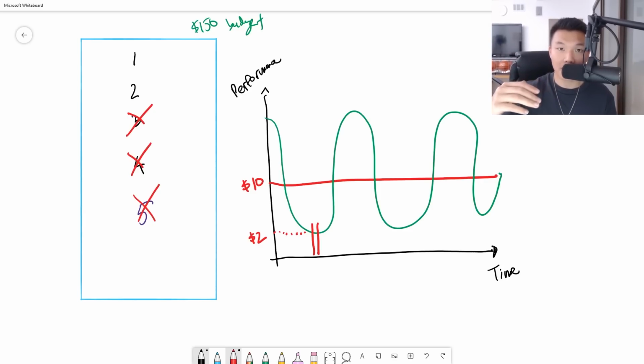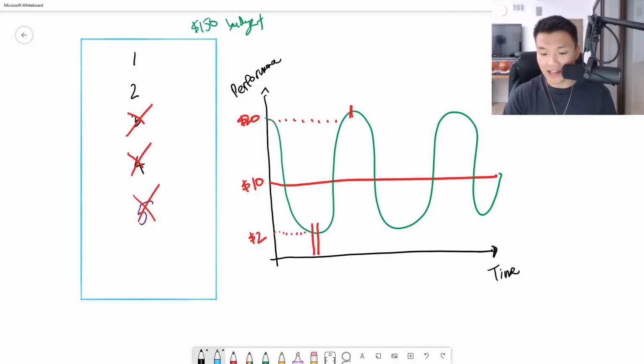Well, guess what? Maybe the next day or in 2 days, this is the snapshot that you get, and this is actually $20. Because you're at a massive budget, you just lost a boatload of money, because you really shouldn't have been at that high budget and you over-indexed. And let's say your goal this whole time is to hit an $8 cost per purchase.